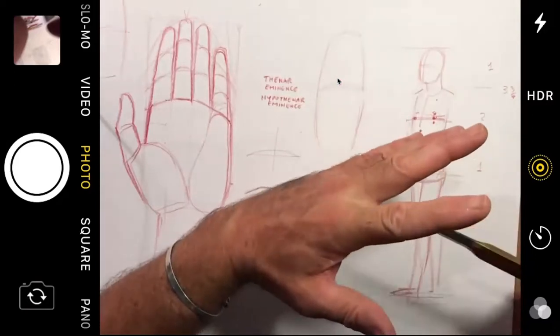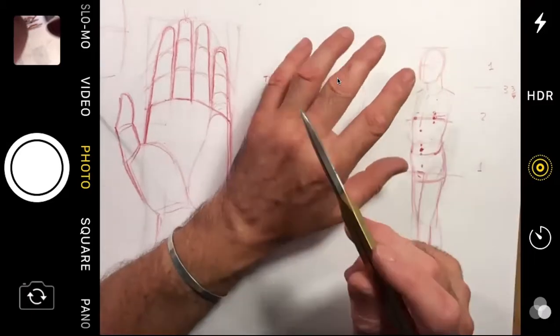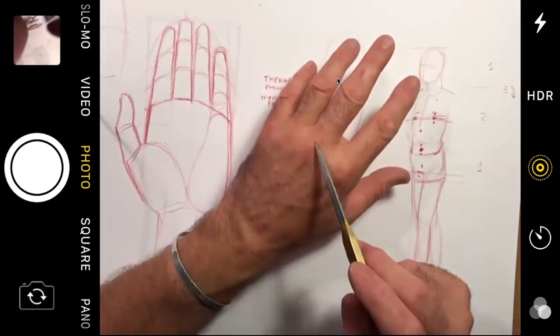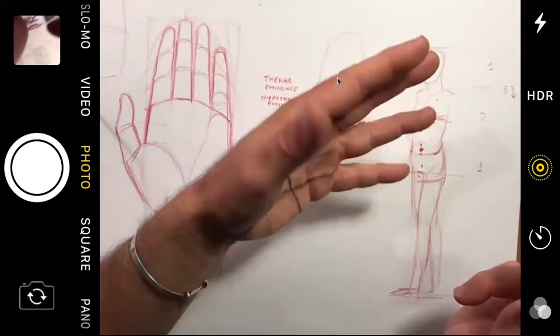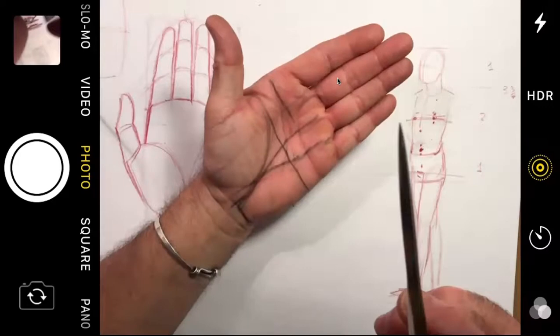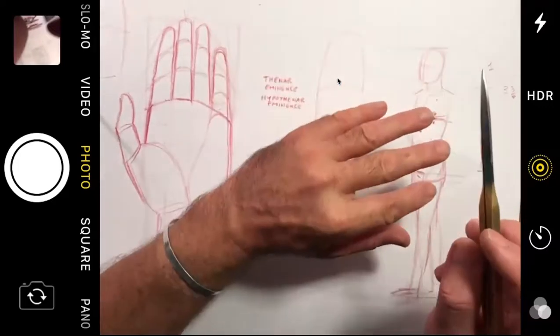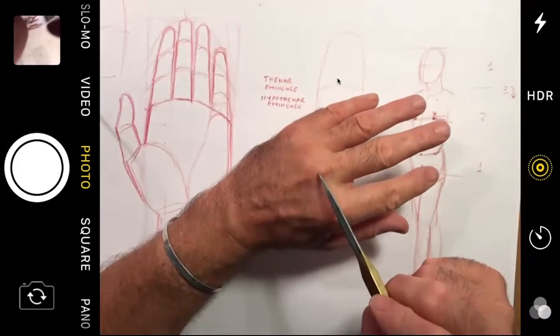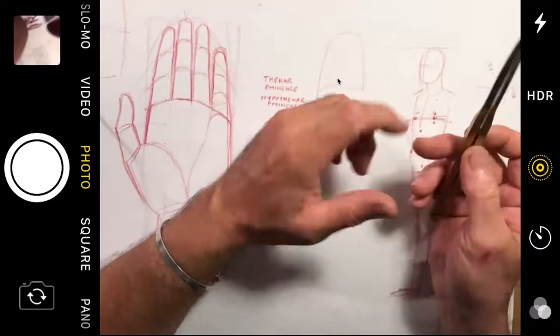So the fingers from the back of the hand will look longer than the fingers from the palm. They appear to be, but the true length of the finger would be this, because the finger starts here. So this introduces the concept of relativity.